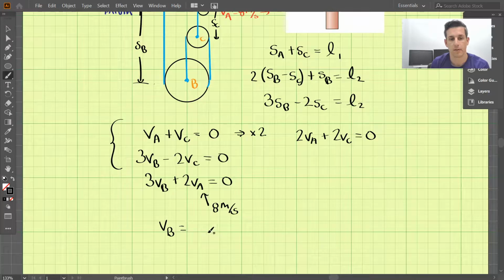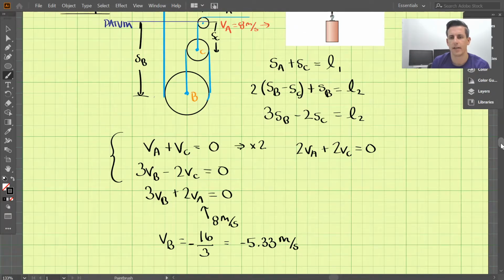So VB is negative 16 divided by 3, which comes out to be negative 5.33 meters per second. So what does this negative sign mean?